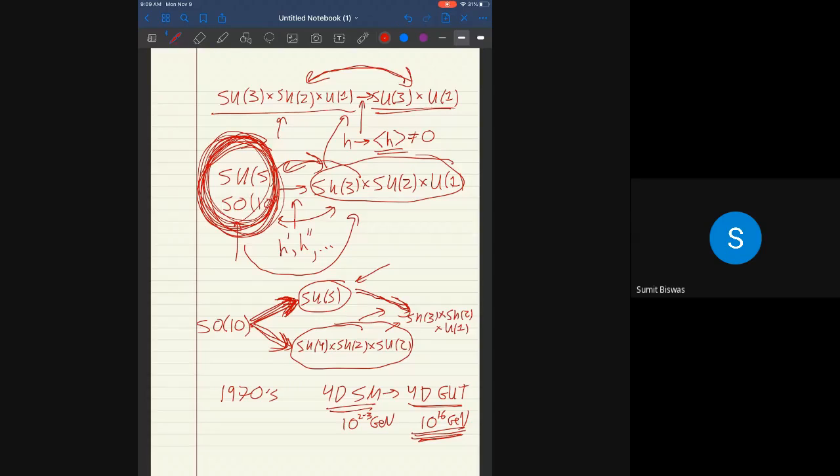And in that case, as you say, as the universe started at super high temperatures and then cooled through this temperature of 10^16 GeV, there would have been a phase transition from the grand unified group down to the standard model gauge group. And topological defects would have formed.